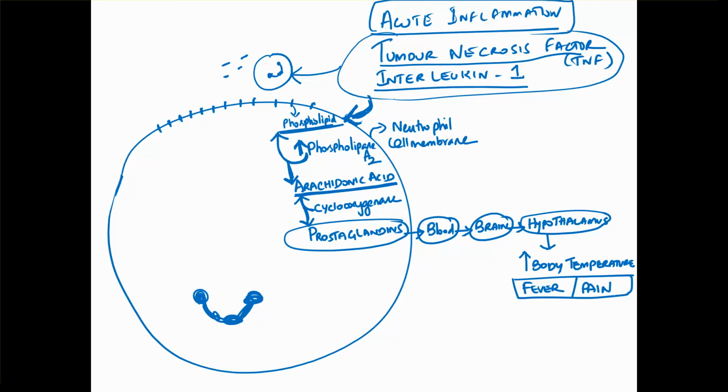So when we want to stop the fever and pain, or reduce the fever and pain, we give some drugs. One of the drugs is steroids. So steroids block this phospholipase, and the whole process is stopped.